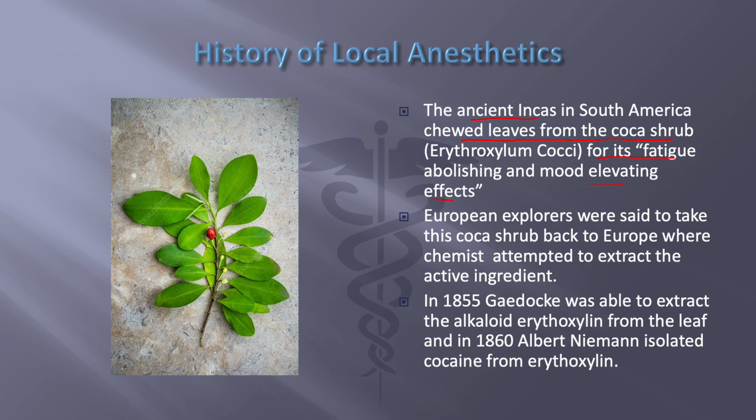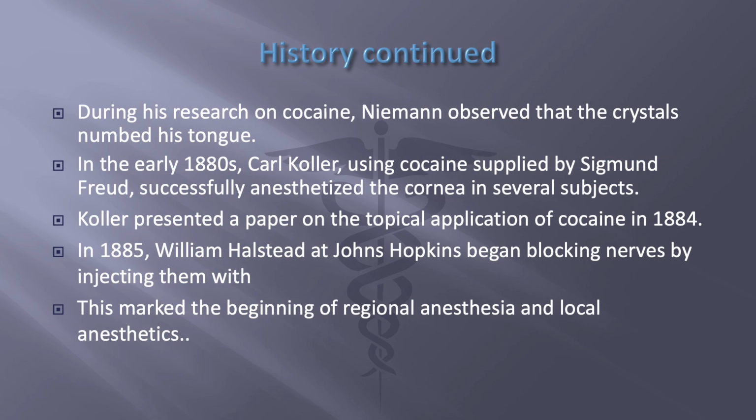In 1855, Gaedcke was able to extract the alkaloid erythroxylin from the leaf, and in 1860, Albert Niemann isolated cocaine from that. Okay, during his research, Niemann observed that the crystals numbed his tongue.